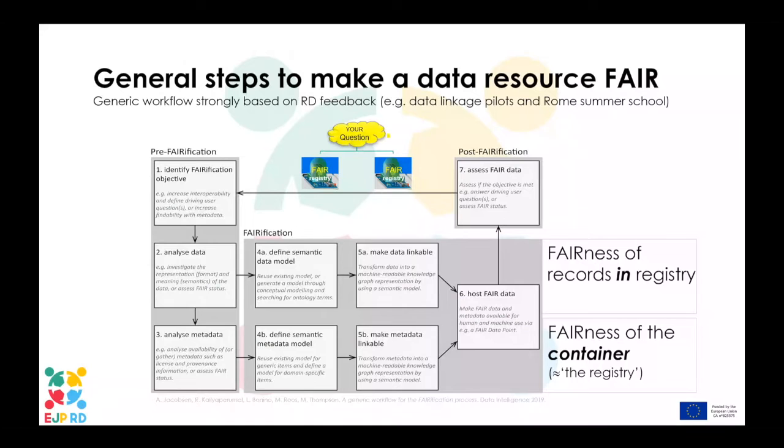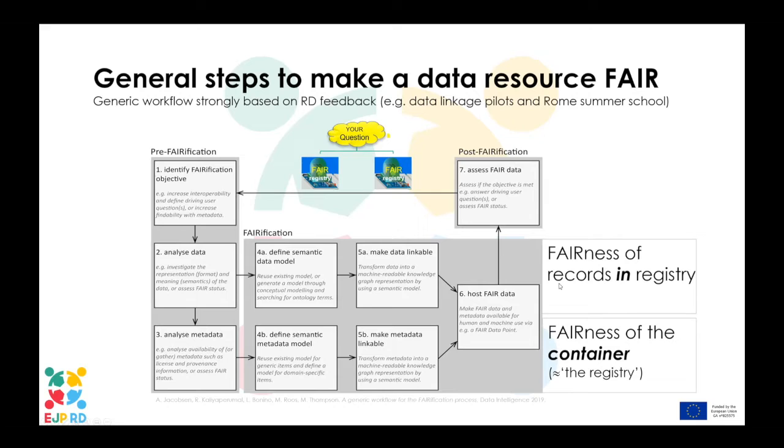As you probably know, we've worked on this generalized workflow for FAIRification. You can find publications by Annika Jacobsen and others on this, and I'm not going into any details. You see these 2 parts: FAIRness of records in a registry and FAIRness of the container of the registry itself.